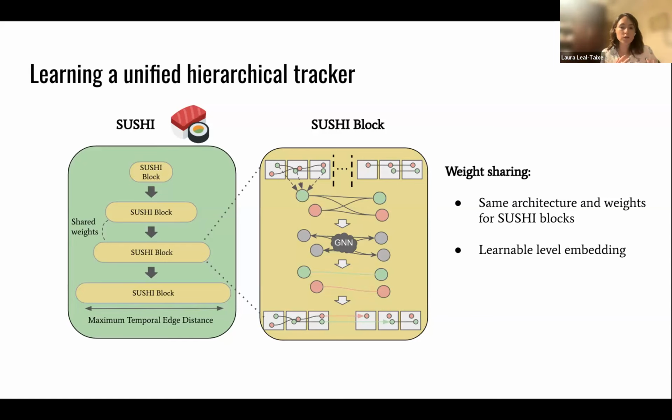Position is not a strong cue, which is why we usually rely on appearance, right? We rely on re-identification. And so the GNN is going to choose at each level which features to use, depending on what works best at each hierarchy level. And this is not something that we have to choose, but actually the model can choose on its own.